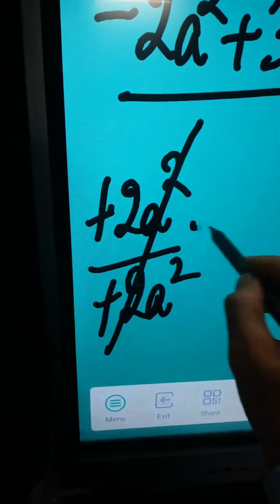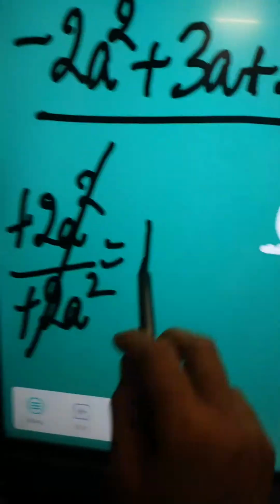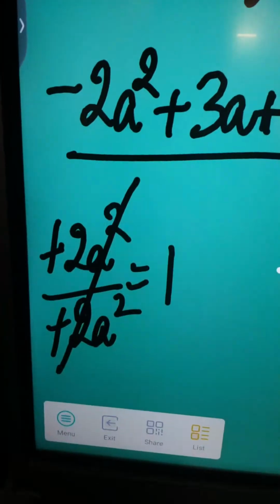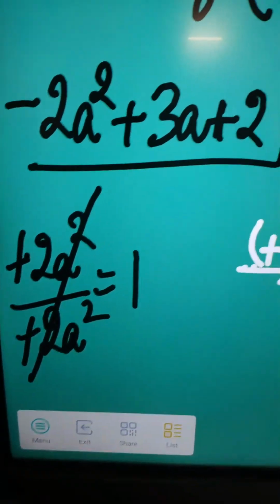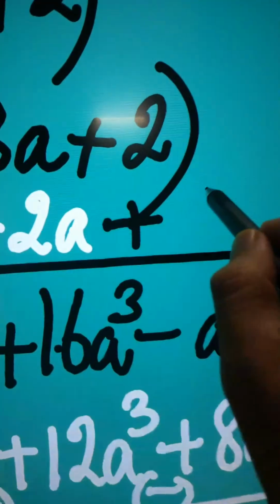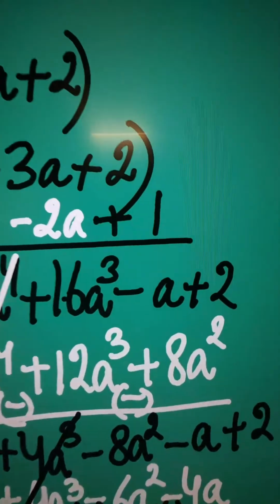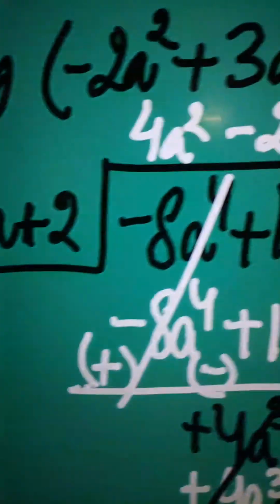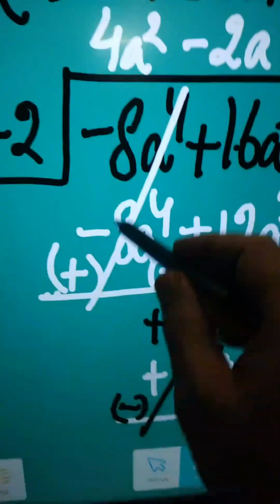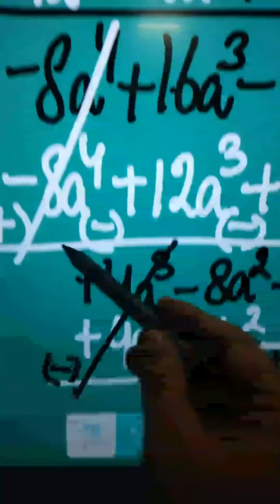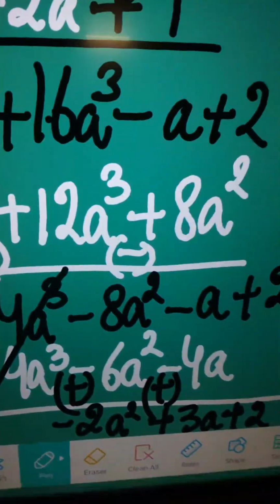Answer is 1. Is it plus or minus 1? It is plus 1, so I will write plus 1 here. How did plus 1 come? I have told you just now. Whenever you are dividing, the first number in the division is important. Second numbers come later on.